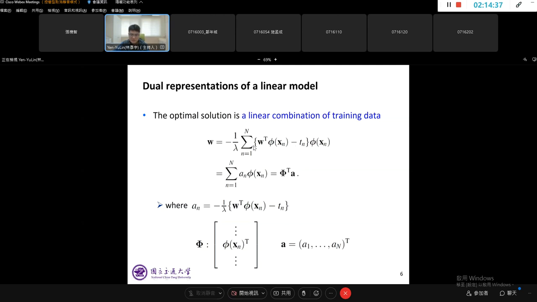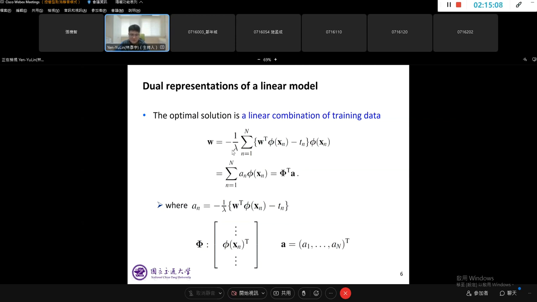Let's look at the term inside the parentheses. The first term is an inner product, so it is a one-dimensional real value. Tn for a regression problem is also a one-dimensional real value. So the term inside the parentheses is a one-dimensional real value, a scalar.